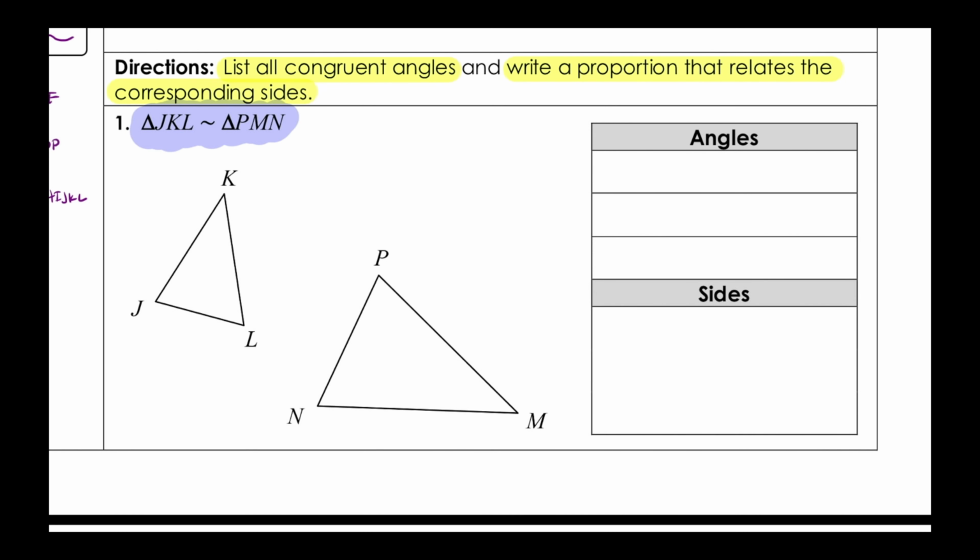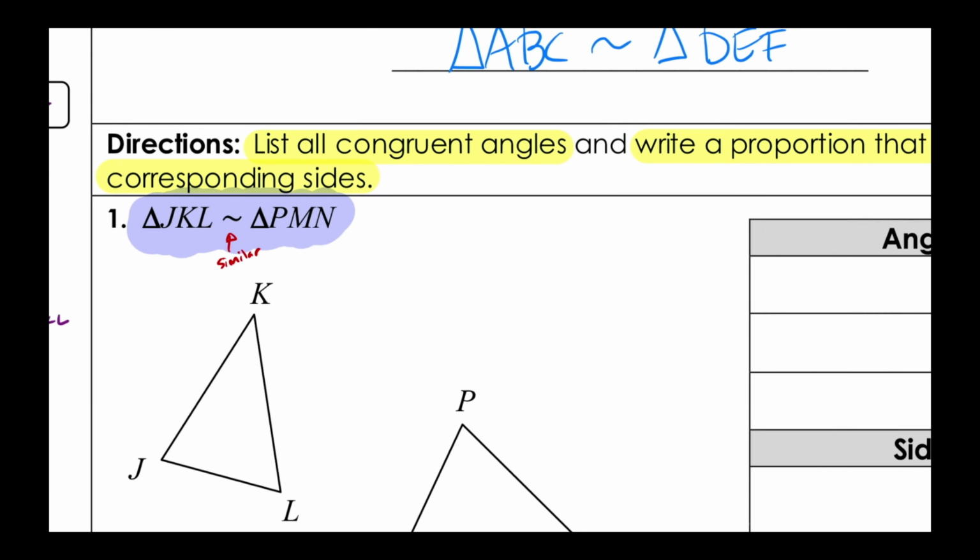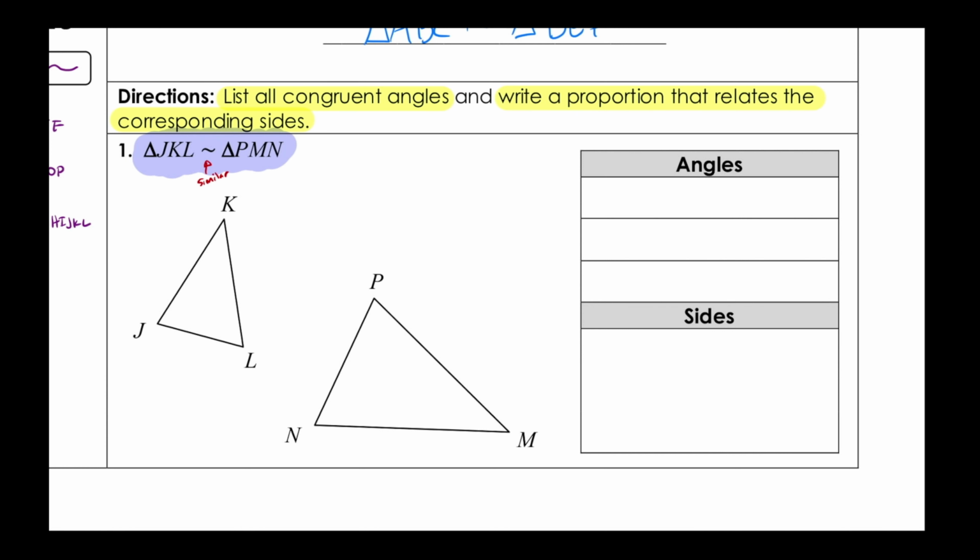What do we know about the angles if these two figures are similar? I know everyone's typing away to put the answer in the chat box. When two figures are similar, the angles are congruent. Woohoo! Yay, there you go.